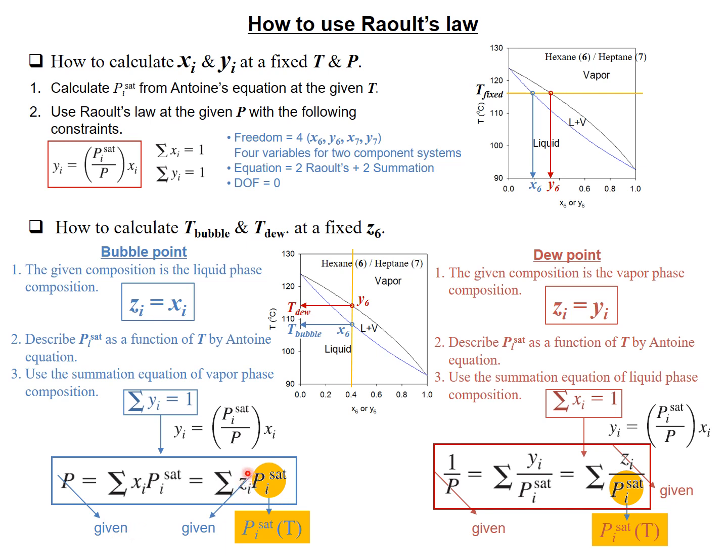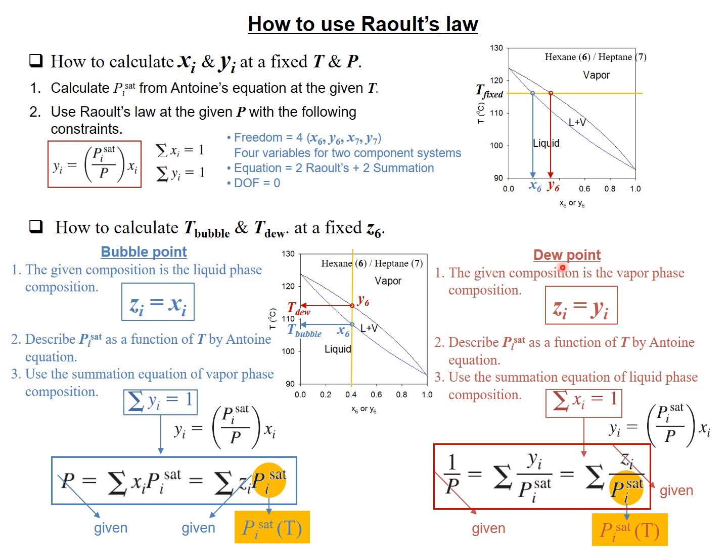And Zi or Xi is given, and the saturation pressure Pi of each species is a function of temperature. Then in this equation the only unknown is temperature, so you could obtain the value of temperature, which is the bubble point. So you have to find the bubble point like that.